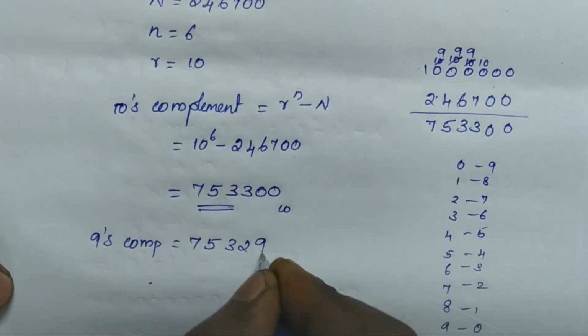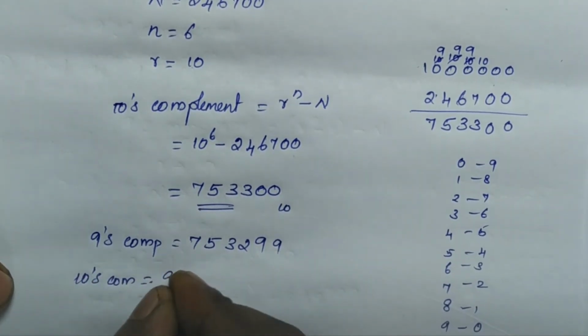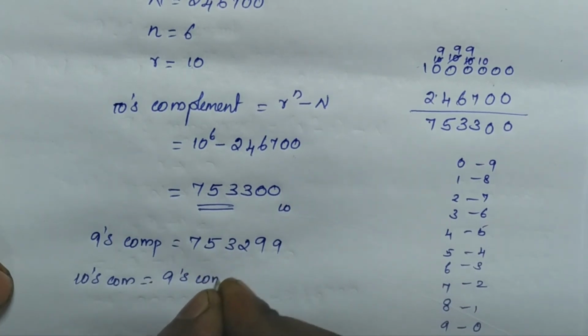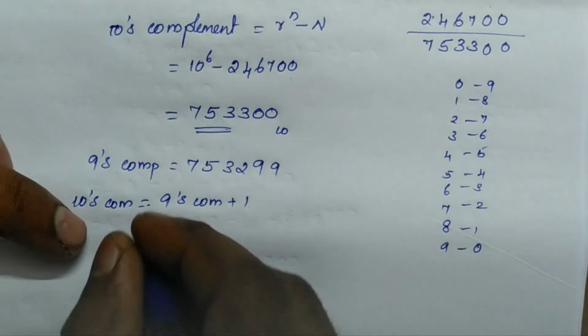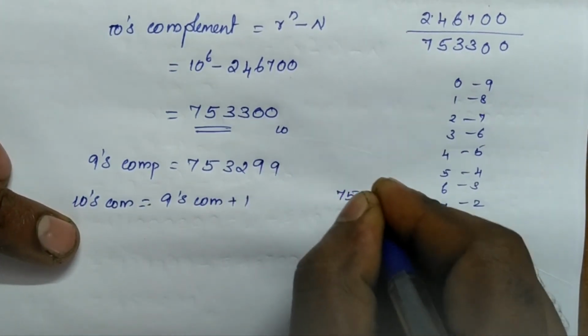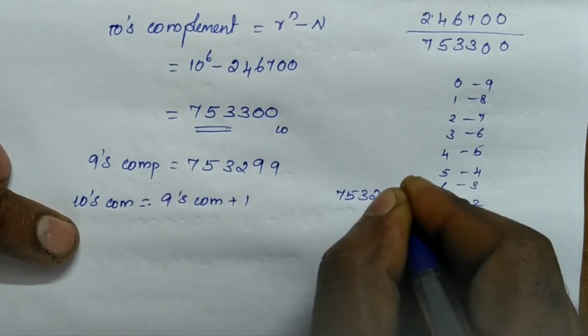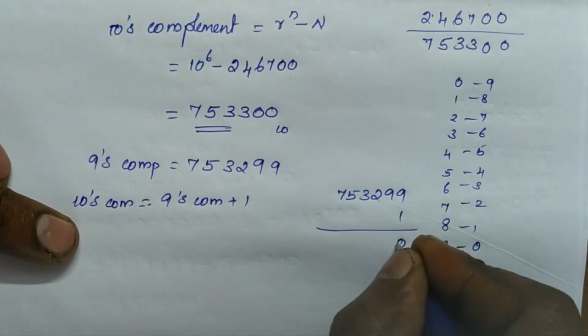For 0, 9, 9. Therefore 10's complement is equal to 9's complement plus 1. Therefore if we add 1 to this value, 7 5 3 2 9 9 plus 1, we get 0.